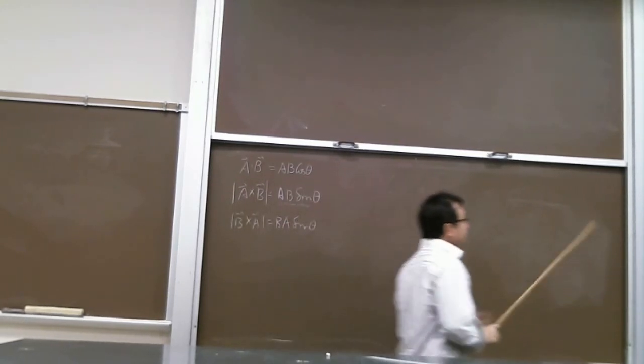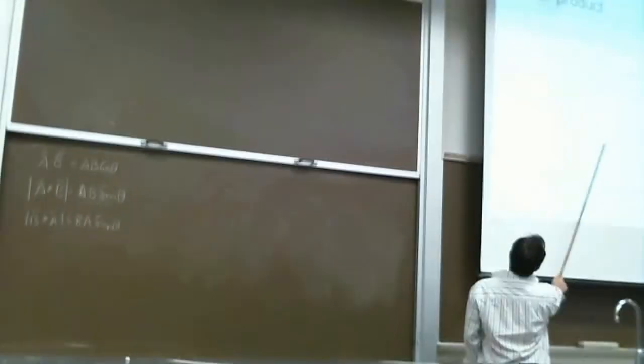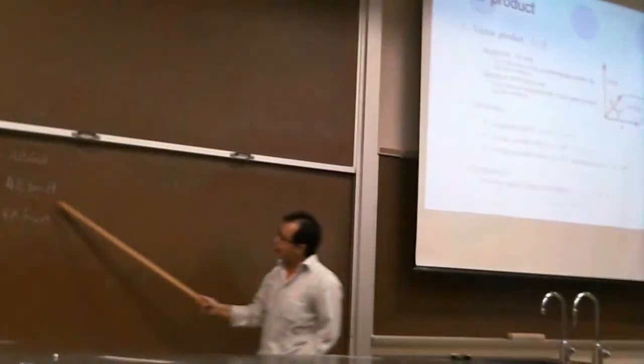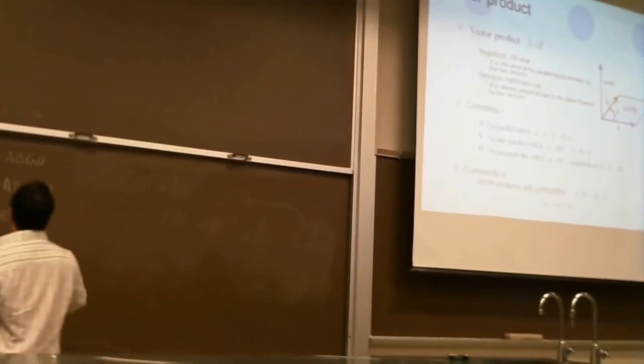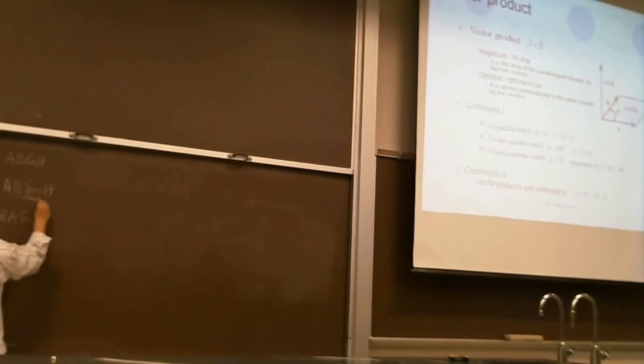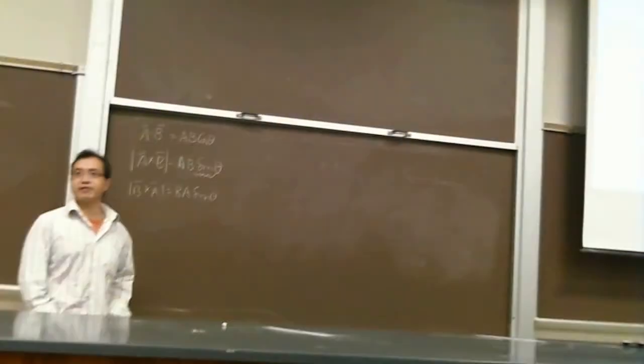Now, similarly, if we check the magnitude expression, A multiplied by B multiplied by sine theta, the value of A cross B depends on the angle theta between the two vectors in the sine function.